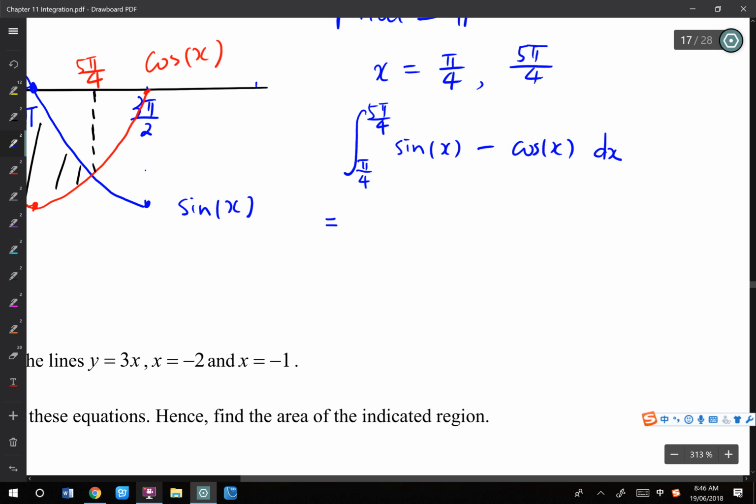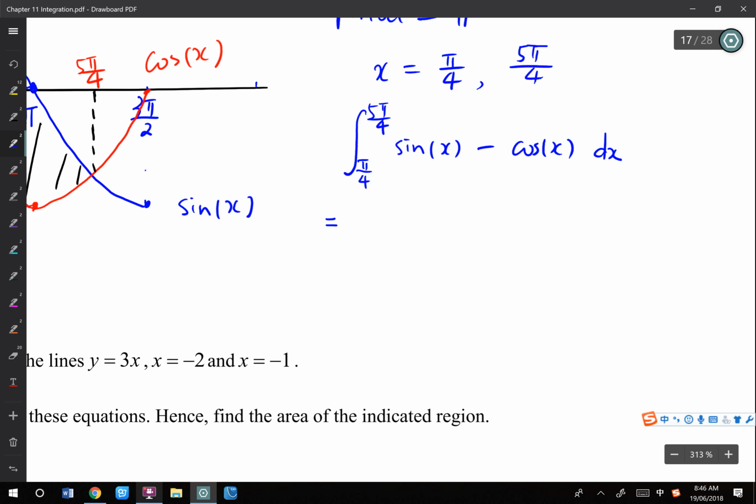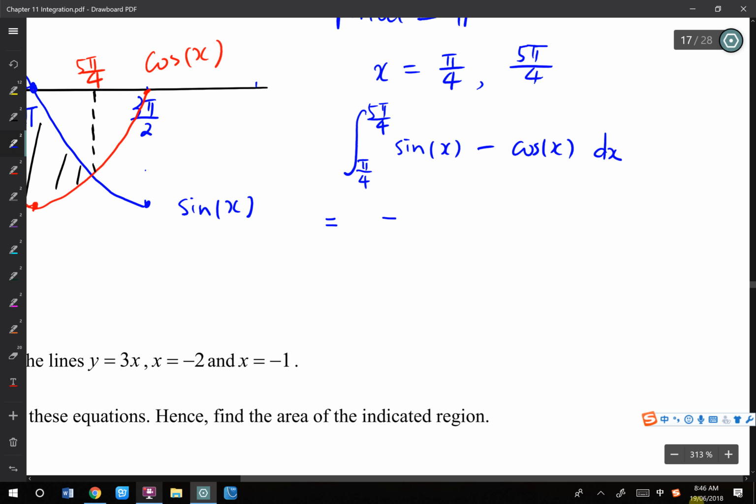Okay, what's the integral for sine x? Negative cos x. And how about minus cos? Minus sine. Okay, good. So that's the integral. And I can sub pi on 4 and 5 pi on 4 in it. So I can sub 5 pi on 4 in first.